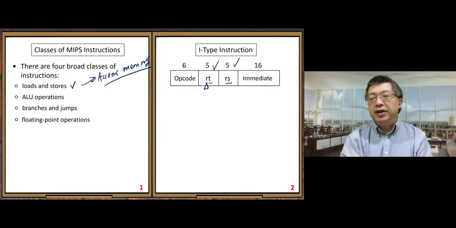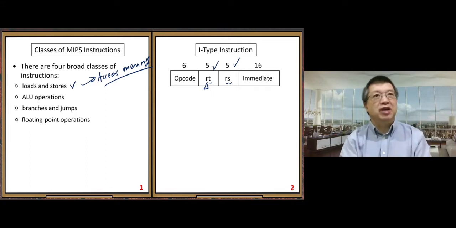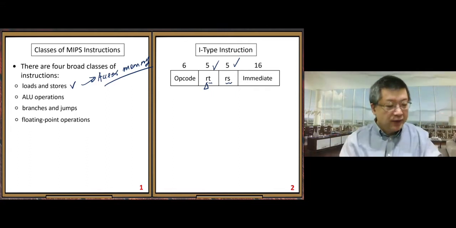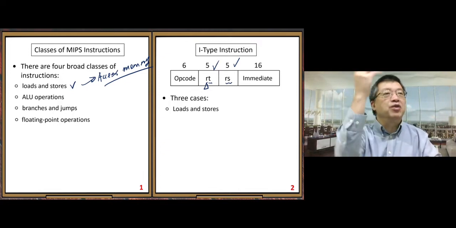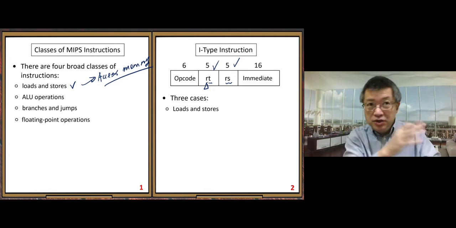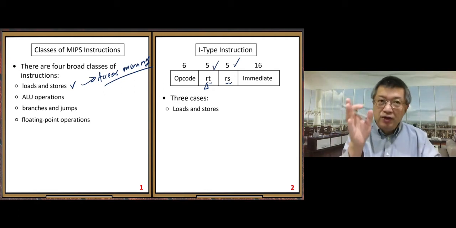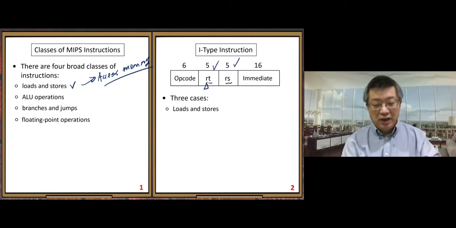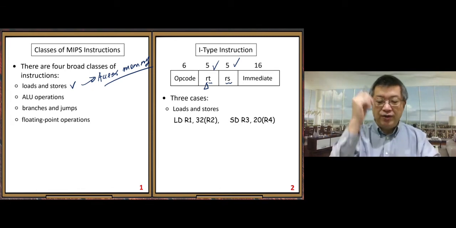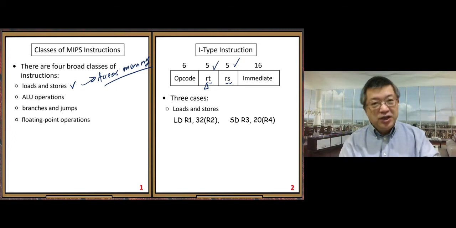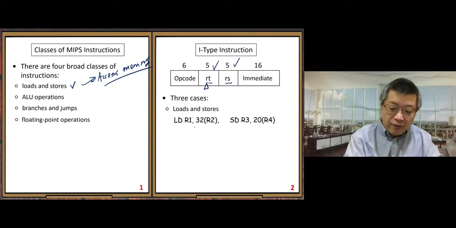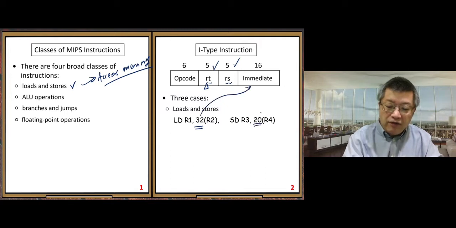What kind of instructions can use the I-type format? Here are 3 cases. The first case: loads and stores in displacement mode, so the immediate field stores the displacement. Look at the first instruction, load, and the second instruction, store. In each one, the displacement is stored in the immediate field.